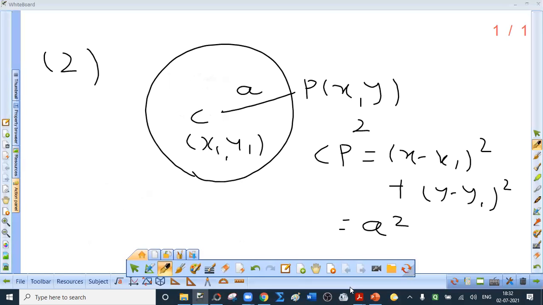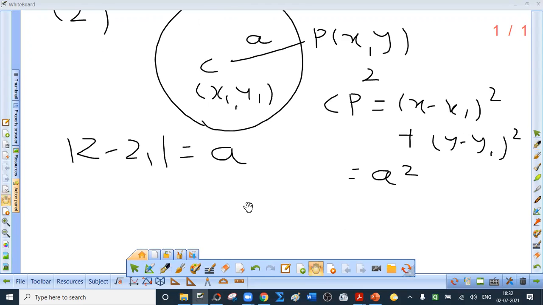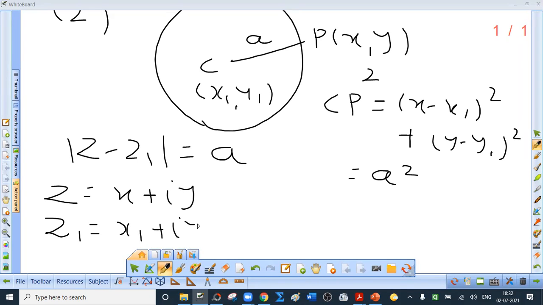Now they say mod of z minus z1 equal to a represents a circle. Let us verify this. Mod of z minus z1 equal to a. Now, what is z? z is x plus iy. And what is z1? It is x1 plus iy1. Now we will do this part orally. What is z minus z1? (x minus x1) plus i times (y minus y1).